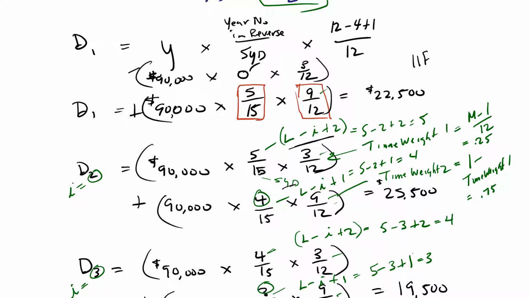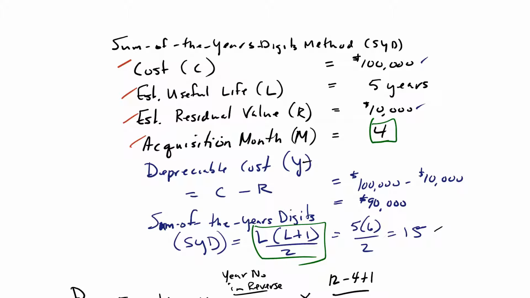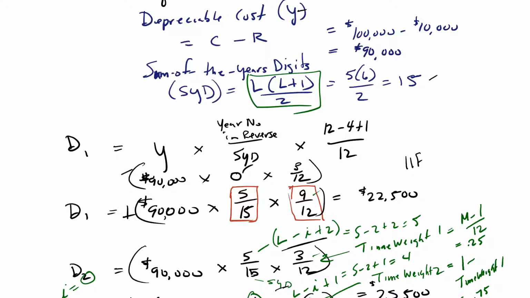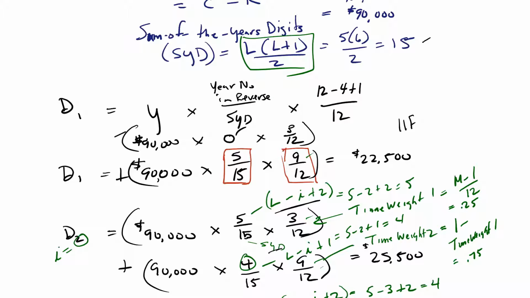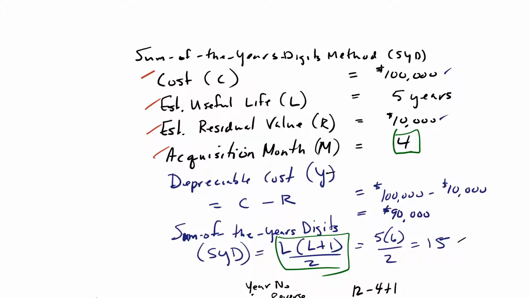But anyway, what we're going to do is pass into an Excel function that we're going to develop our key inputs: the cost, the estimated useful life, the residual value, the acquisition month, and then also the particular year for which we want to compute depreciation. We'll call that the year index. So those will be our 5 inputs to this function.